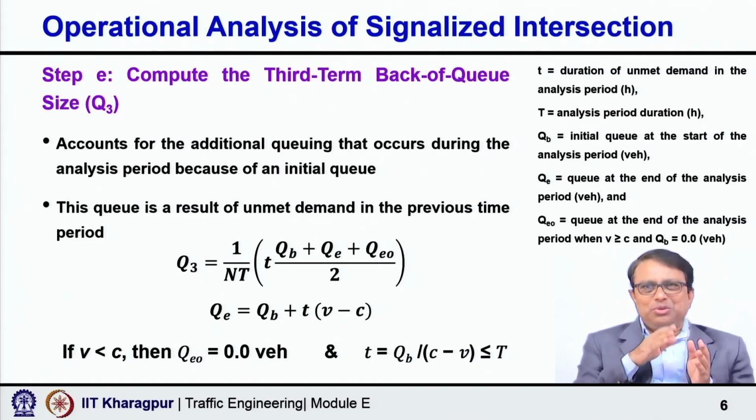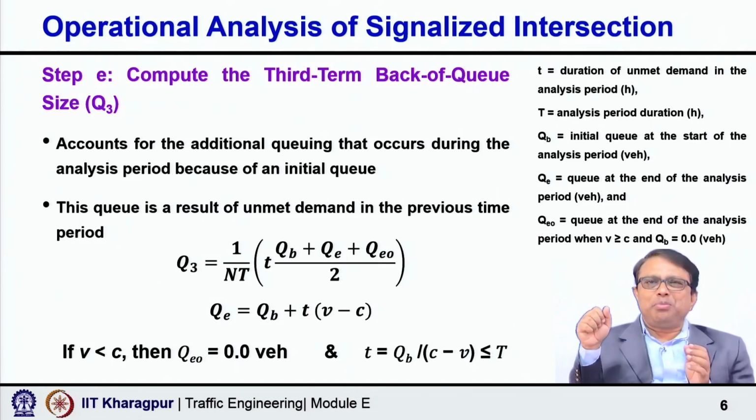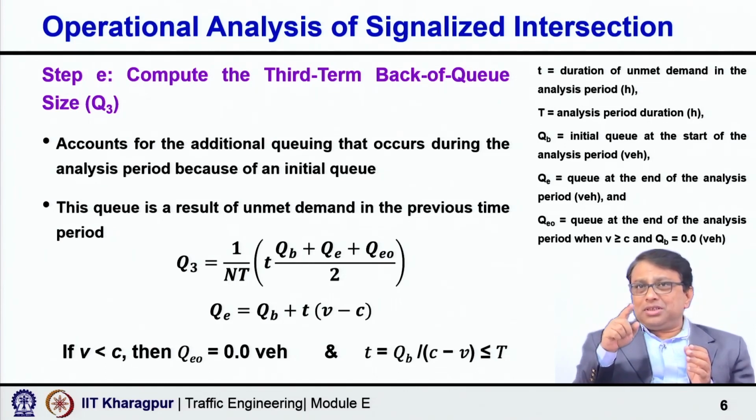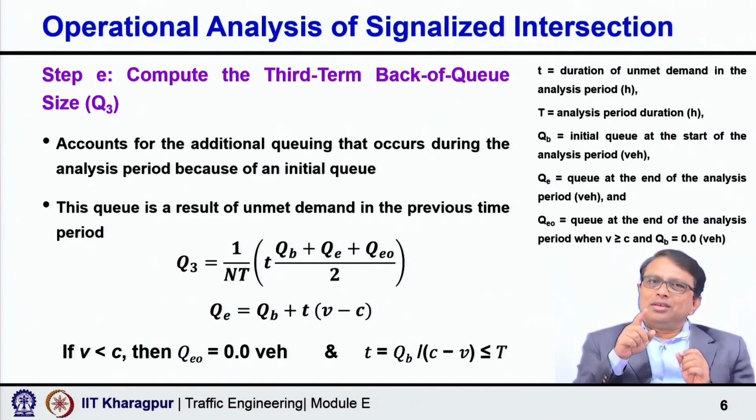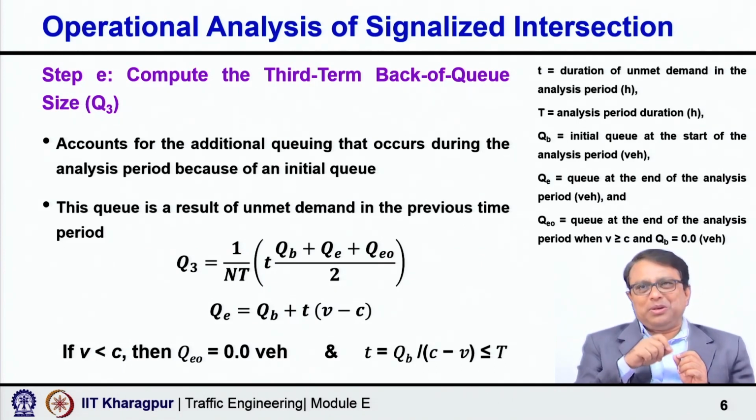Whatever was the initial Q, the number of vehicles will be lesser and lesser over time, but the duration of unmet demand is higher than my analysis period. So the value QE will not be 0 in the end, but it will be lesser than the present QB value.